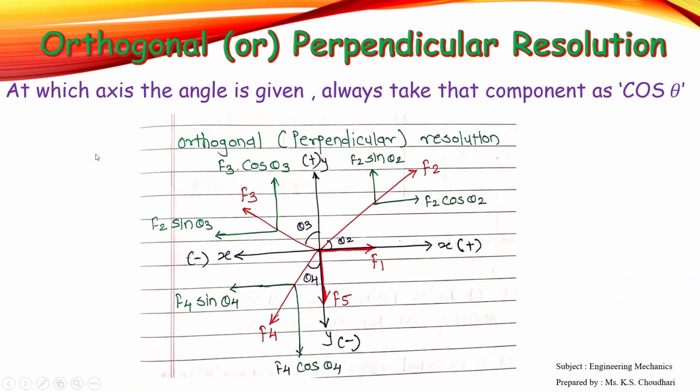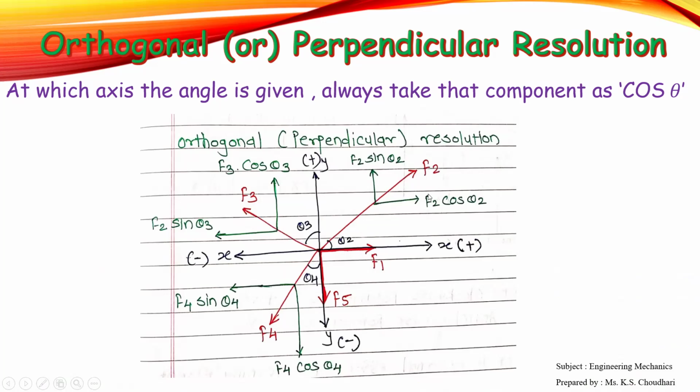This F2 is the inclined force in the first quadrant, and F2 makes an angle with the x-axis, that is theta 2.